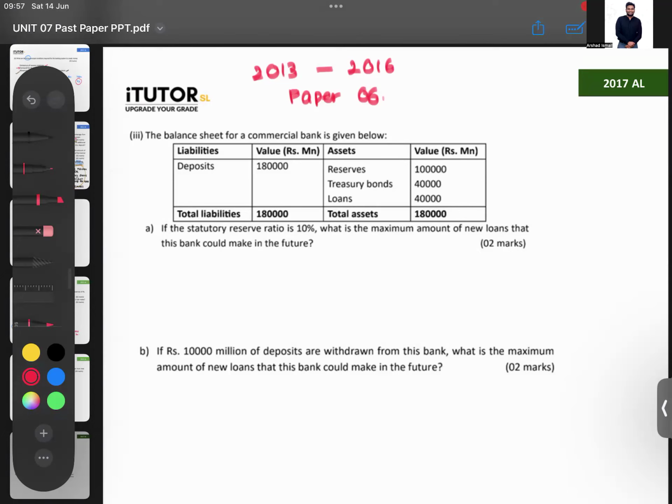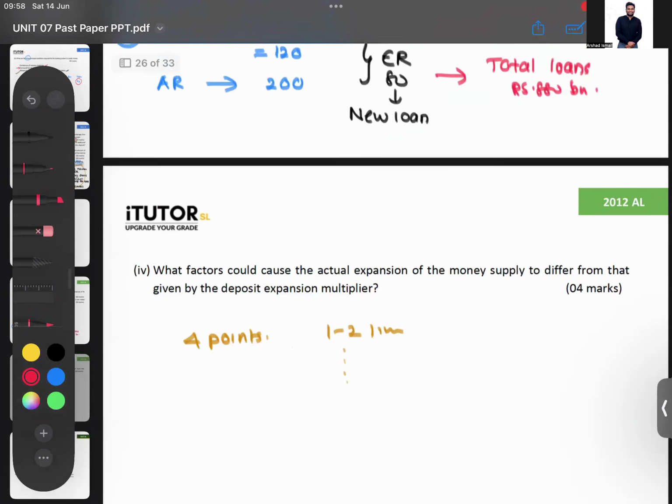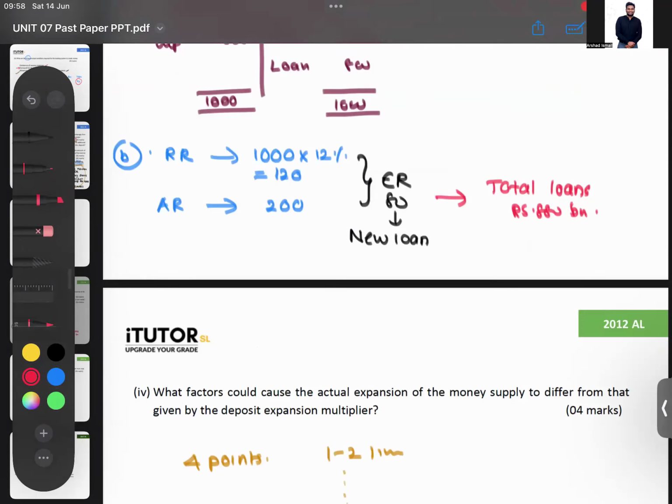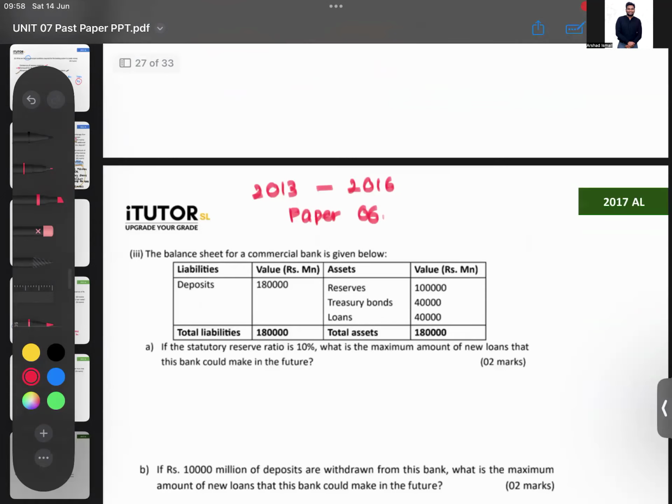Any calculation, any theory, anything? Okay. So I'm guessing there is no. 2013, sixth question, part 4. Okay. Can you tell me what that question is? 2016 part 4. 13 and 16.